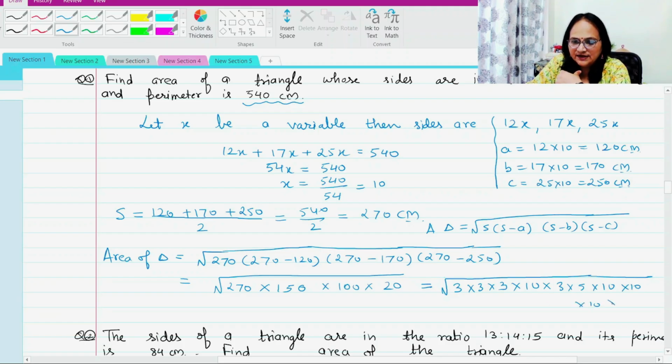And 20 can be written as 2 into 10. Okay. So now we try to figure out the same numbers so that we can put them in pairs. This 3 and this 3 will make one pair, and this 10 and 10 will also make one pair.